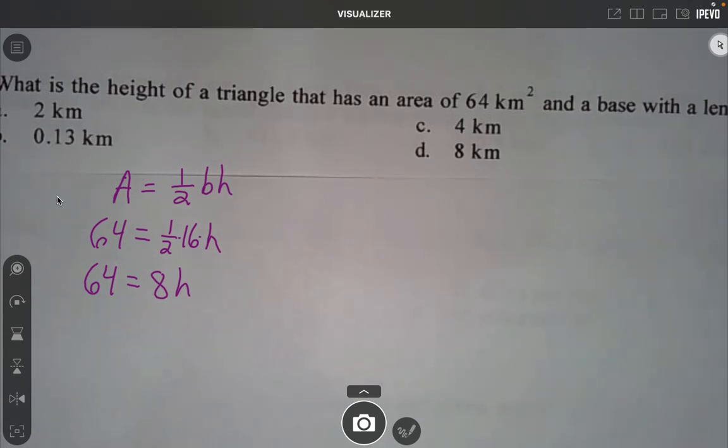Half of 16 is 8. Then what do you do? Divide both sides by 8. And we get the height is 8 kilometers. Everybody good with that one?